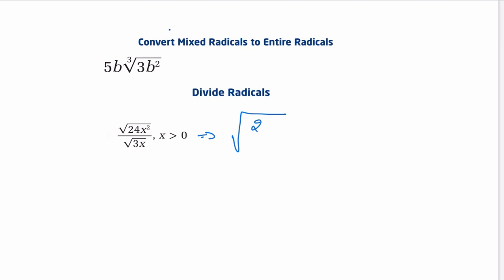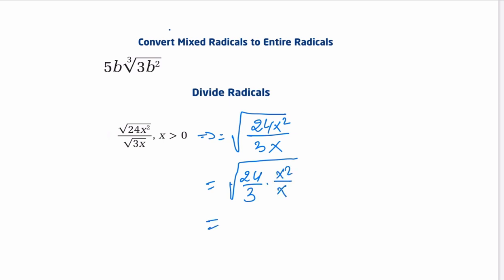So we will get 24x squared divided by 3x. I can write it like this: 24 divided by 3 times x squared over x.